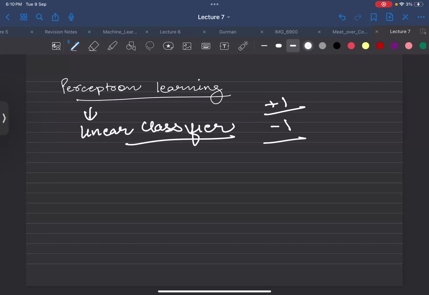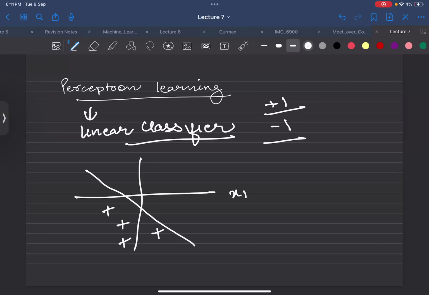Fine. Now, suppose this is the line which it draws. What does this line mean? I can say this is one class: the points which are positive are lying on one part of the line, and the circles are lying on the other part of the line.